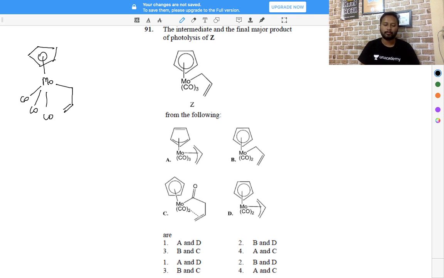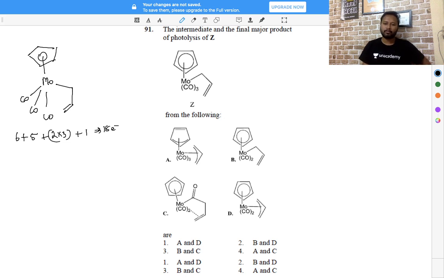It's a chromium group element, so 6 electrons you will get from molybdenum, 5 you will get from this eta 5 Cp. Then each carbonyl will give you 2 electrons, so 2 into 3, and plus 1 because of this allylic ligand. So 6 plus 5 is 11, plus 6 and plus 1, it's giving you 18. So it's an 18 electron stable species.